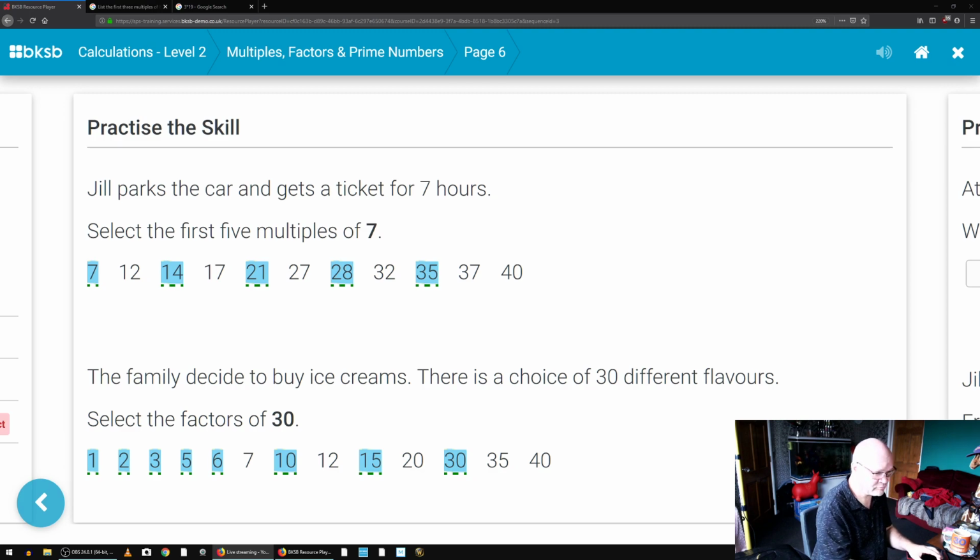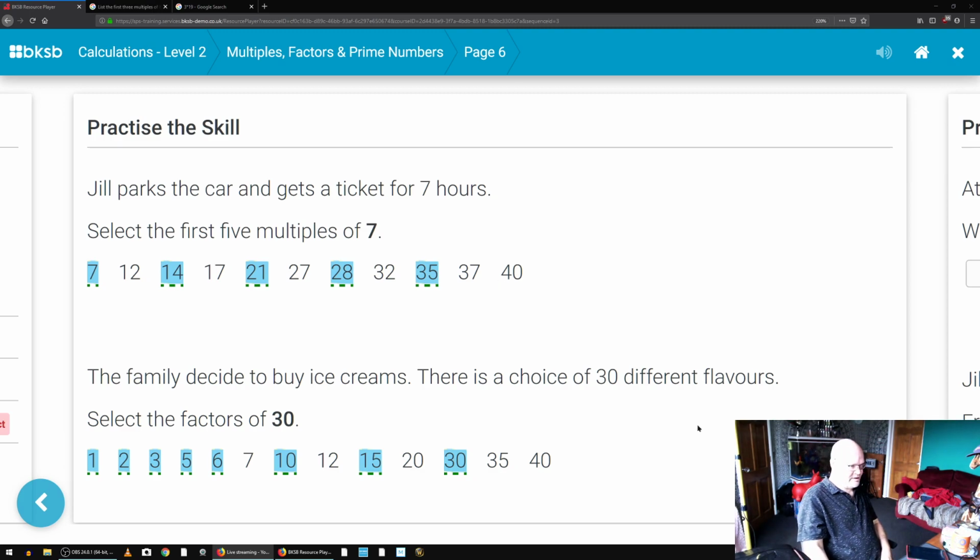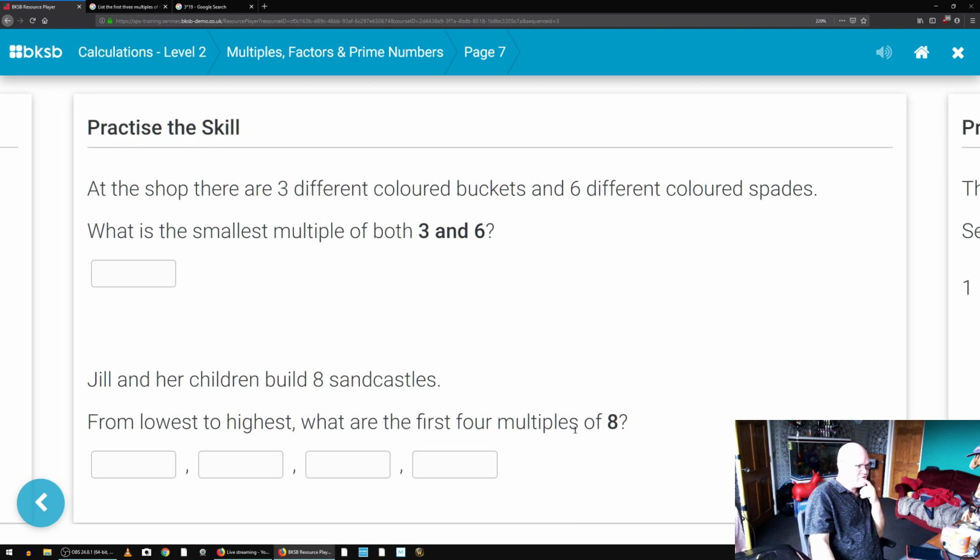Right, let's go more. Of the shop, there are 3 different colour buckets and 6 different coloured spades. So there's 3 of that and 6 of that. What is the smallest multiple of both 3 and 6? So we multiply 3. It's 2, isn't it? No, we've got to get this right because it has to be a number that can come up with the same answer.